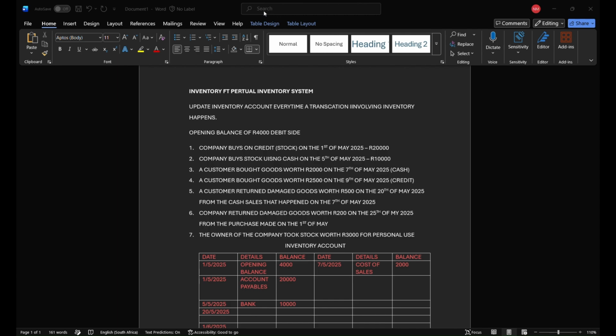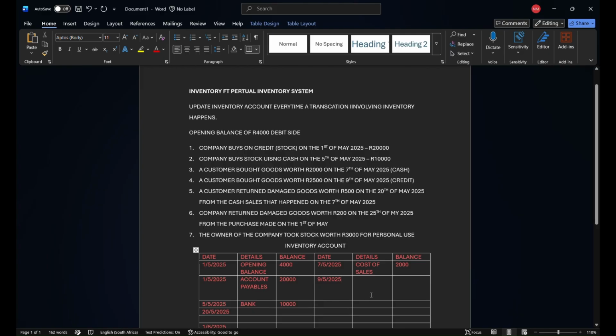Then on the 9th of May, which is transaction number 4, a customer bought goods worth 2,500 on the 9th of May 2025. Still, inventory is decreasing. So you're going to have 9 May 2025.